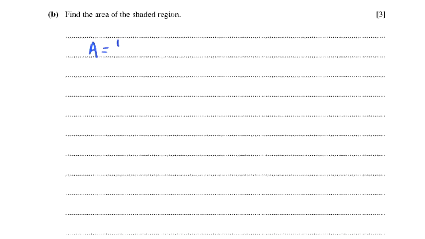The area is the triangle, half base height, minus a sector of a circle, half r squared theta, in radians of course, minus the other sector, half r squared theta. That's fun, isn't it?